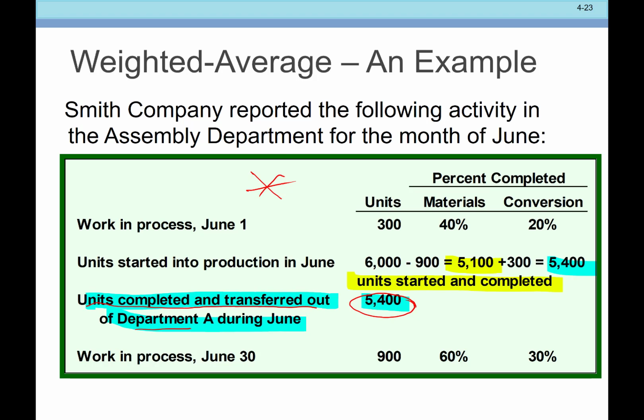And so we had this way of looking, if they tell us the 5,400 units transferred out, that's fine. If not, we may have to compute it by coming up with the beginning units plus the units added for the period gives us total units available, minus the units that are in ending inventory would give us the units transferred out if they don't just give us the number, which in this case they did.